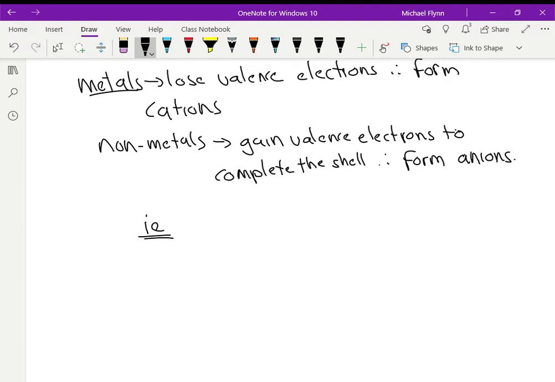A great example of this, and we're going to talk a lot more about this tomorrow, is sodium. Sodium has one valence electron, and it really wants to get rid of it. Chlorine, on the other hand, has 7 valence electrons, and it's missing one. It would love to gain another electron. So when these two get together, sodium will happily donate its electron to the chlorine, and now they're both happy.